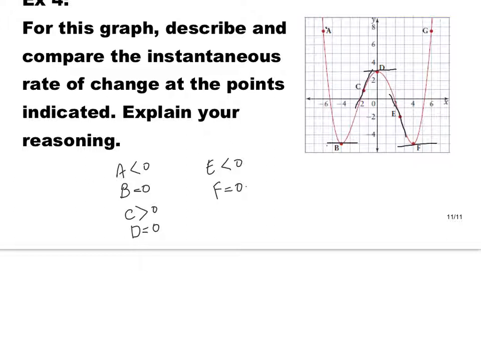And finally at point G, the tangent to the graph is going to be increasing. The function is increasing, so this means the tangent is going to have a positive slope. So G is greater than 0.